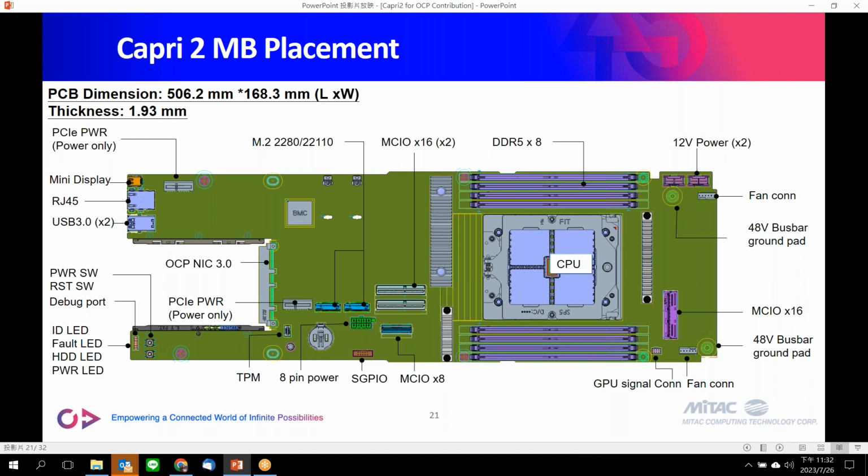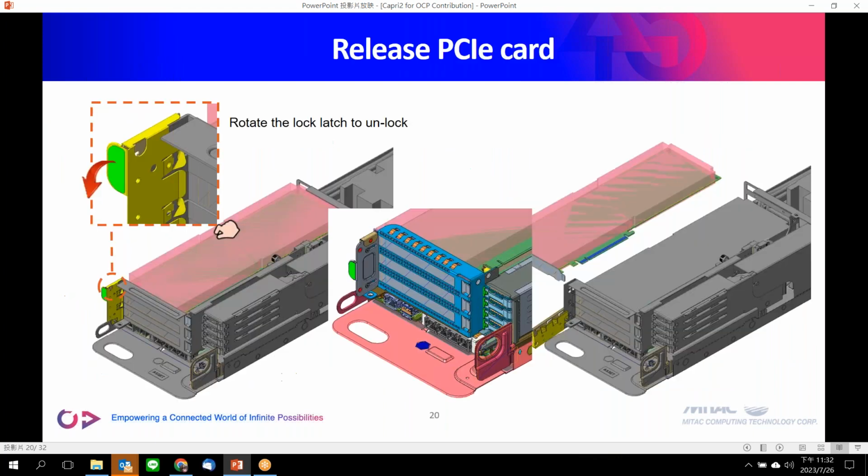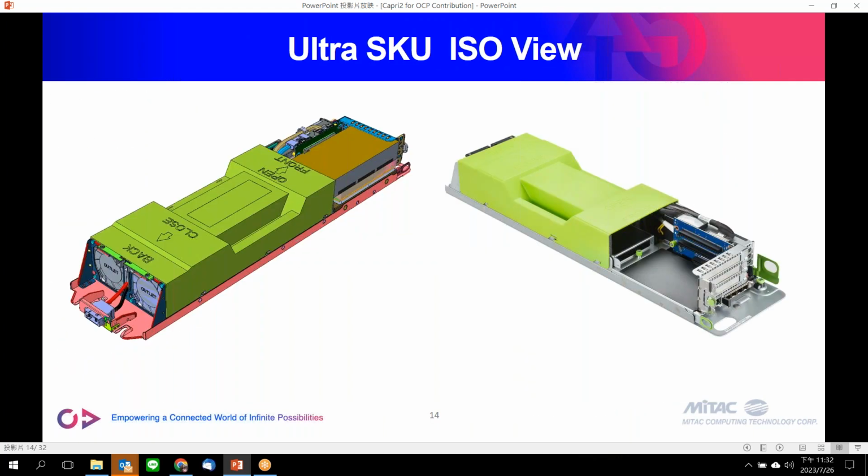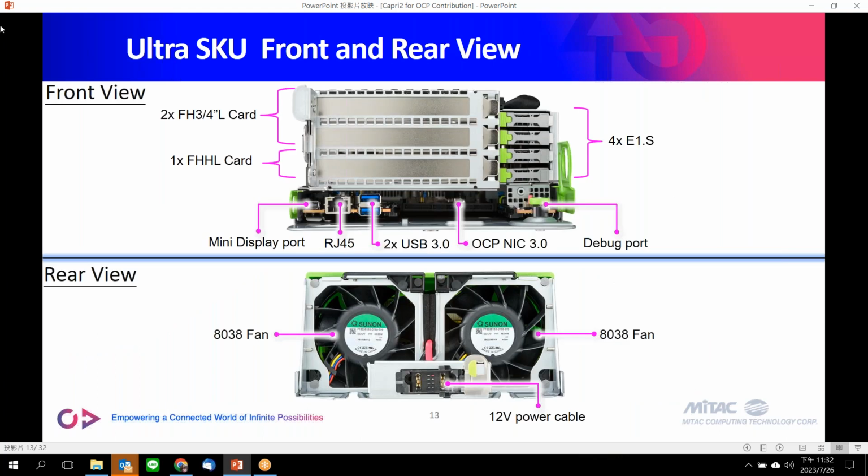And if we use the vertical DCSCM, it will impact the PCI cards. So there is no space for the vertical DCSCM.